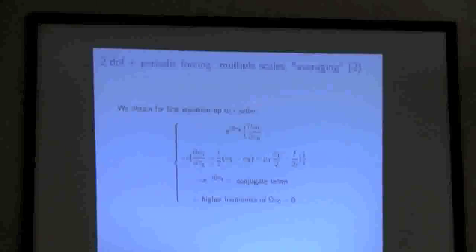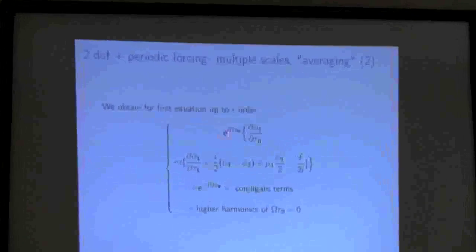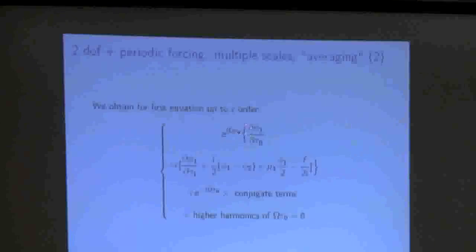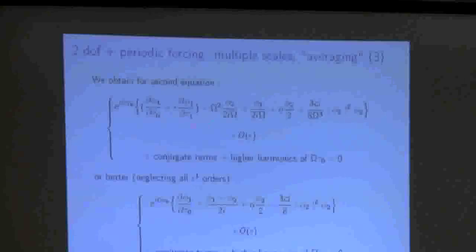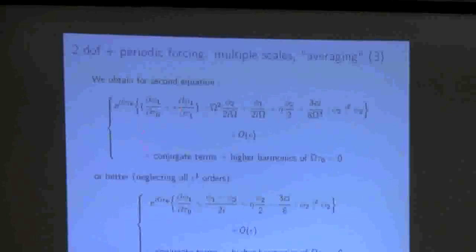So for the first order equations up to epsilon order, we obtain epsilon i omega tau 0 multiplied by, here you have epsilon 0 order, it is simply d phi 1 d tau 0 plus epsilon term, that is this one, plus epsilon minus i omega, it is conjugate terms, and plus higher harmonics. For the second equation, we can do exactly the same thing.